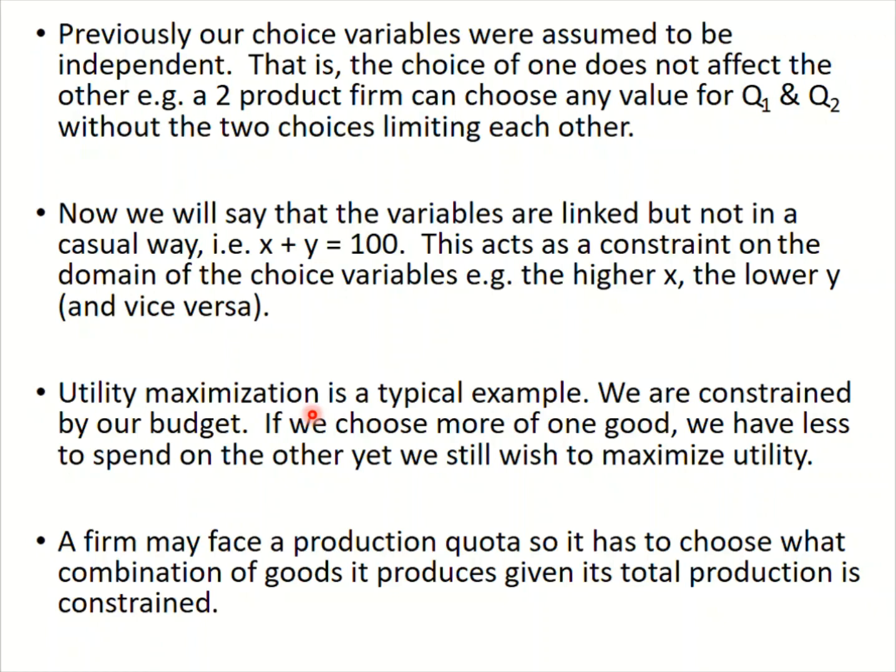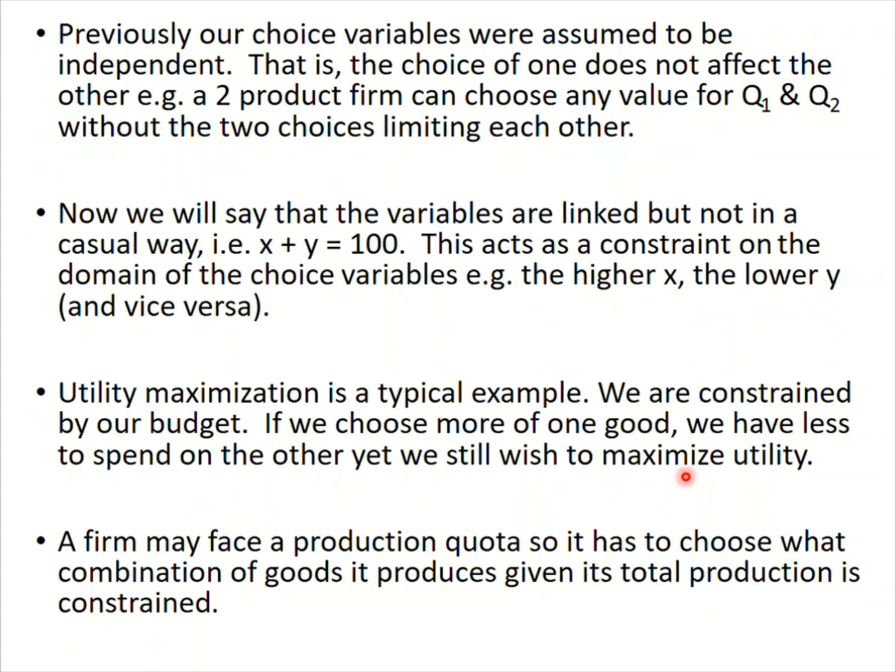We have to be aware of our budget and realize that we are restricted by our budget. So if we choose more of the one good, we have less to spend on the other. Okay, but we are still working with an optimization problem because we are still wanting to maximize something. And in this case, it will be maximizing utility.